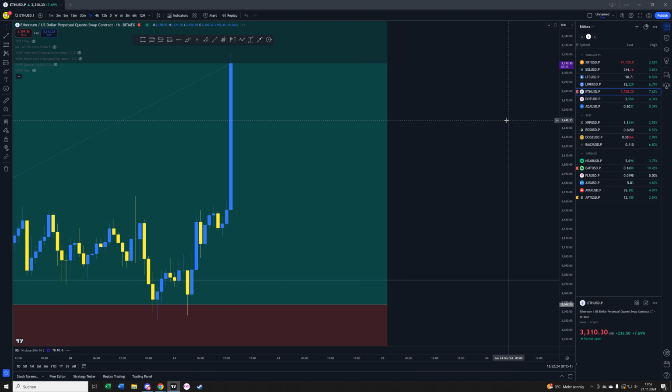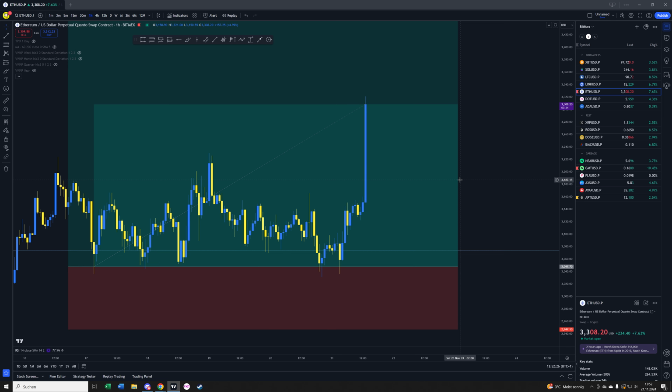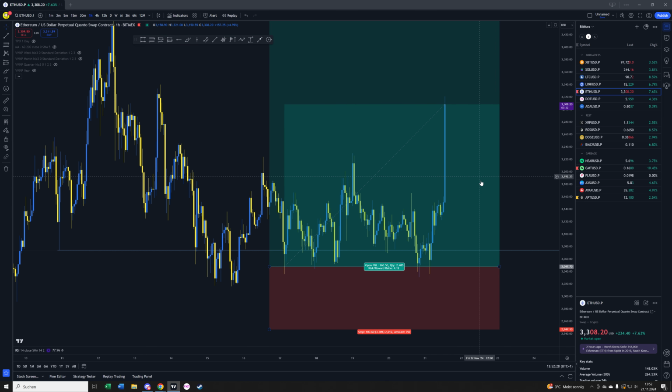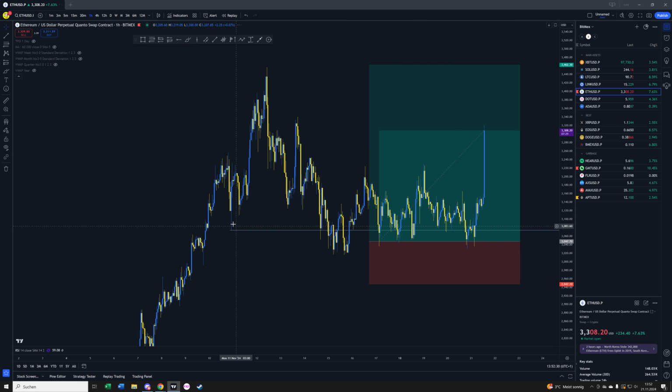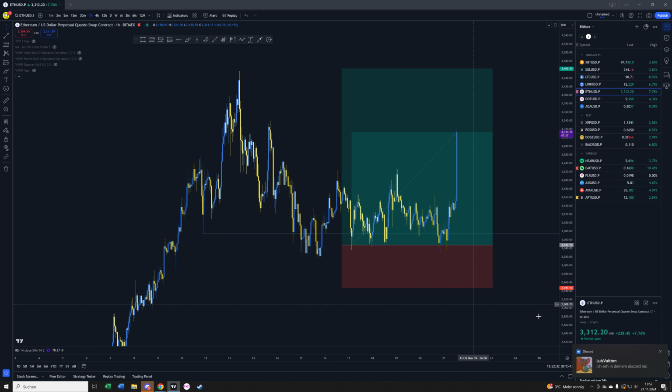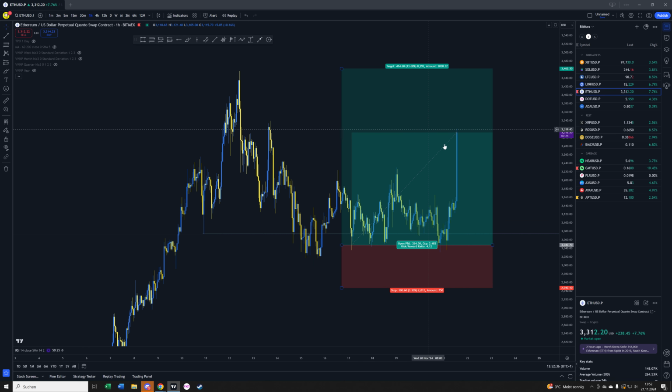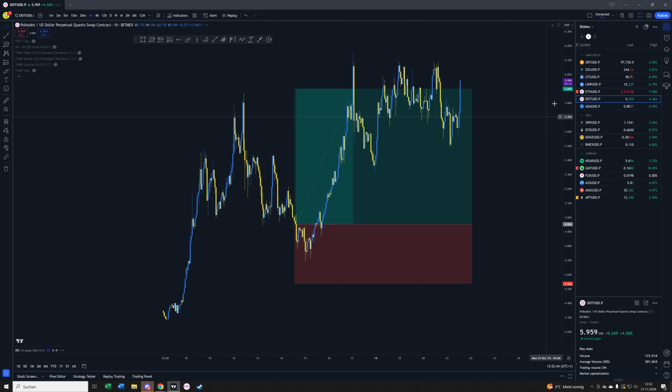Here, Ethereum. Just printed the God candle, okay? 7%. We have the low, we go below it, and we buy, and we target the high, and we're looking at 4R. Lovely. Let's go to DOT, okay?